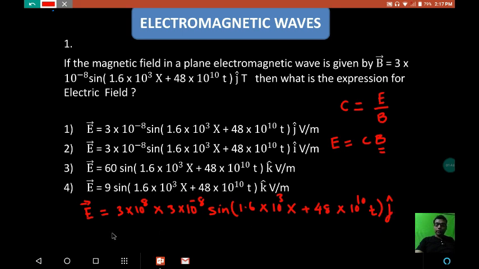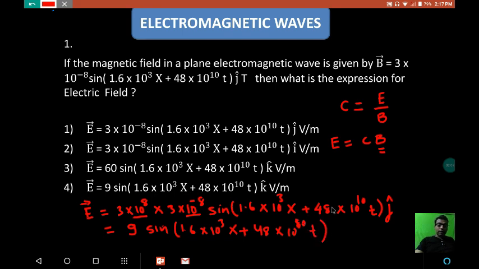So this is the answer we have got, 9 sine of 1.6 into 10 power 3 x plus 48 into 10 power 10 t.